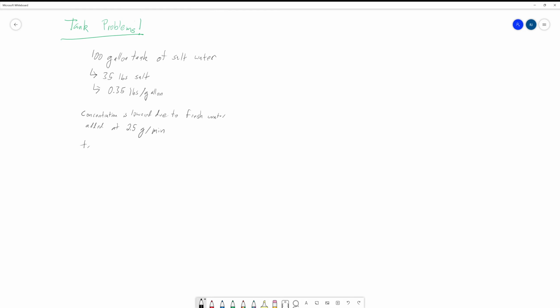And the tank is also drained at 2.5 gallons per minute. And it's considered well stirred, which is great.